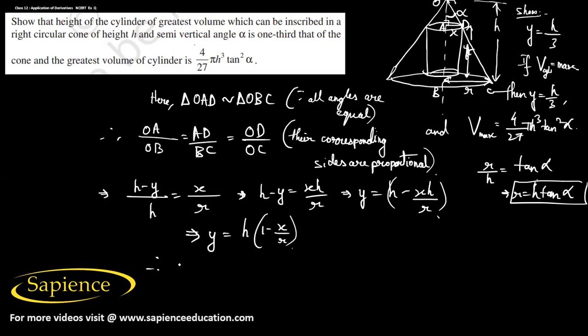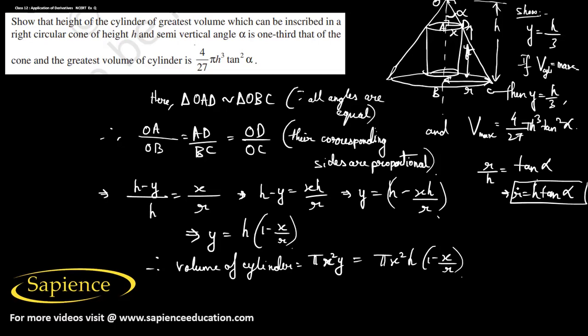Now, therefore, the volume of the cylinder will be equal to pi r square h, so pi x square into y, that is h into 1 minus x by r.